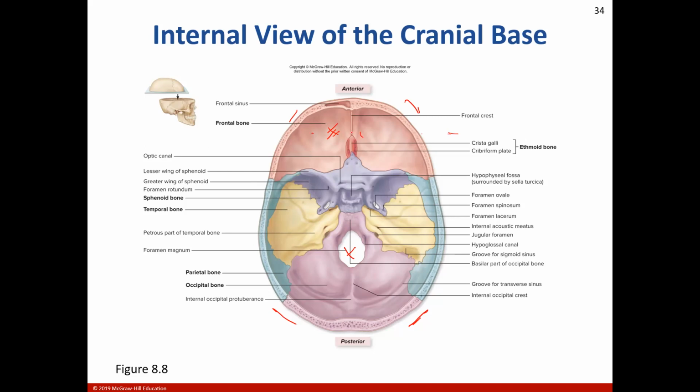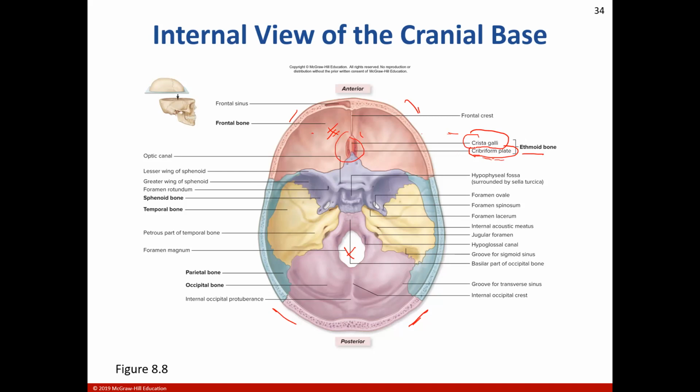Like right here, you have this little complex that really sits right above your nasal cavity, and it's all part of the ethmoid bone. So in the middle, you have a bump called the crista galli. And then on both sides of the crista galli, you have these structures called the cribriform plate. And there are foramina in there, which are little holes for olfactory sensory nerves.